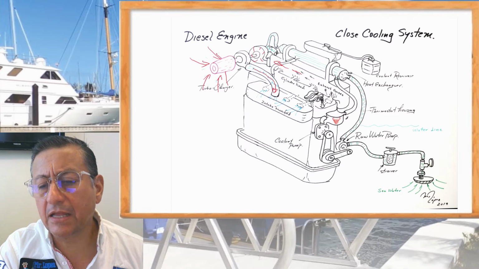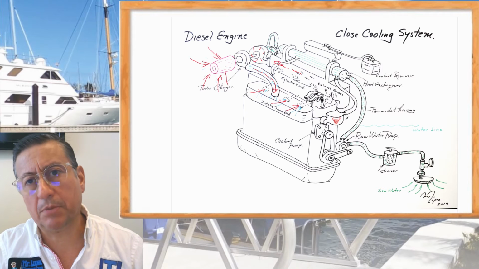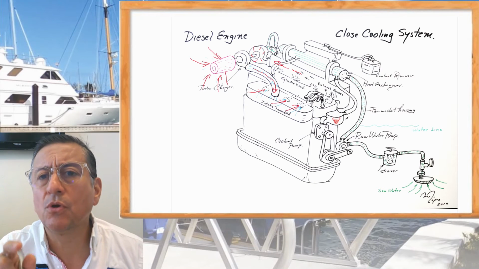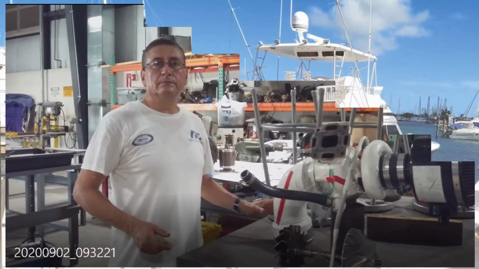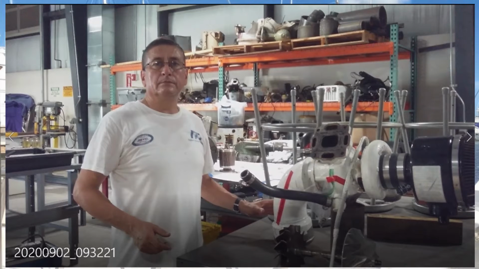The air enters the intake manifold at high pressure, and after that it enters through the intake ports, when the valves open, into the combustion chamber. I have another short video where I explain the turbo. This is an engine considered turbocharged.